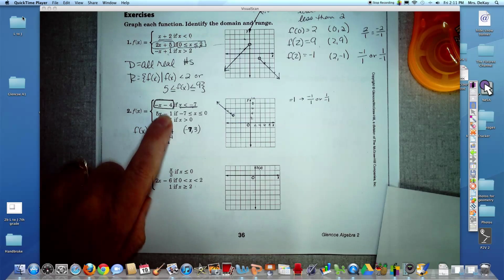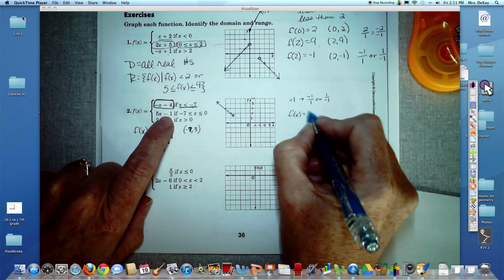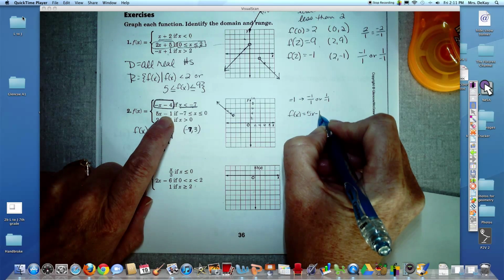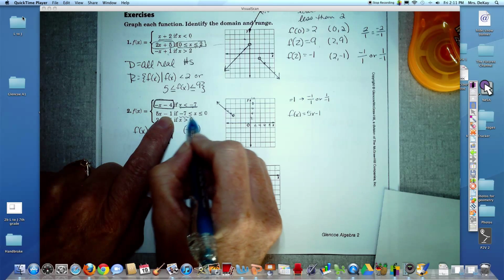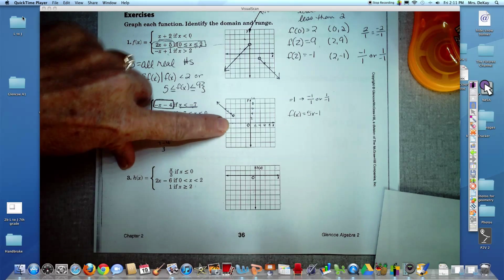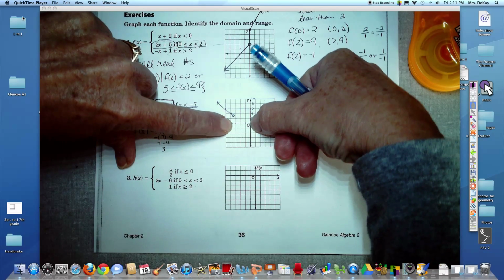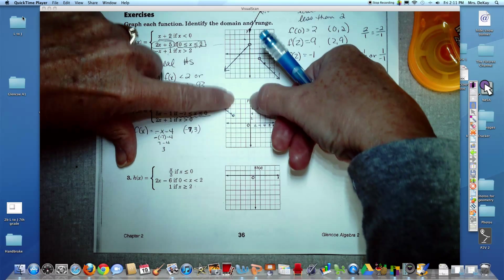Okay, the next function I need to consider is f of x equals 5x minus 1. And that is happening between -7 and 0. So it's happening in between my fingers here, somewhere in this interval.